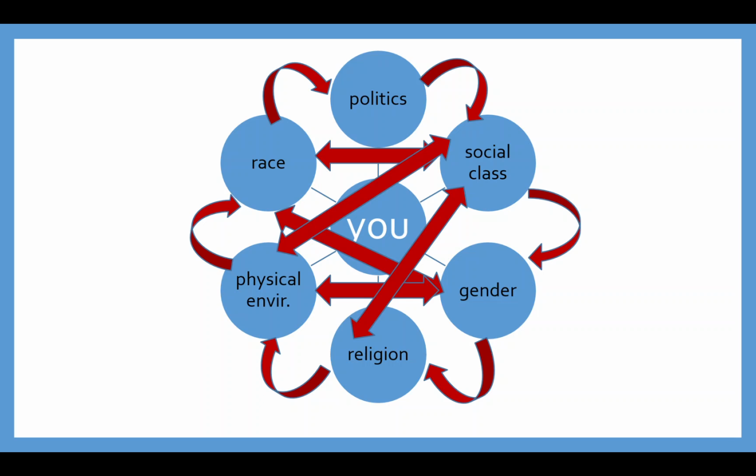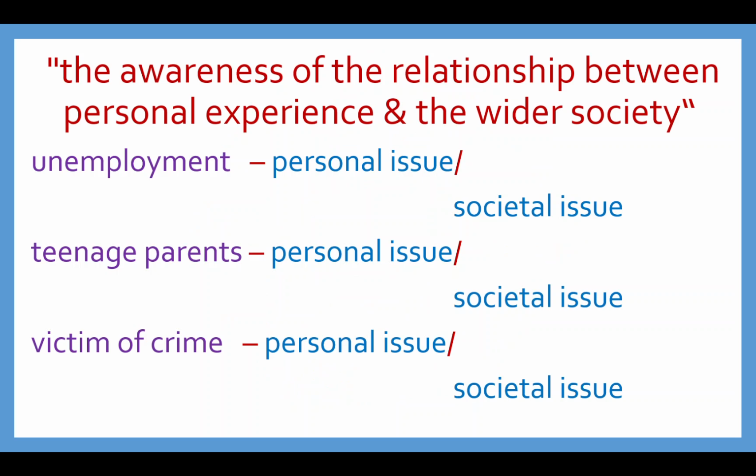You're affected by everything going on right now, individually and by a larger social context. And part of the sociological imagination means understanding the connection between individual issues in your life, how that affects social structures, and then how those social structures turn around and affect us again.